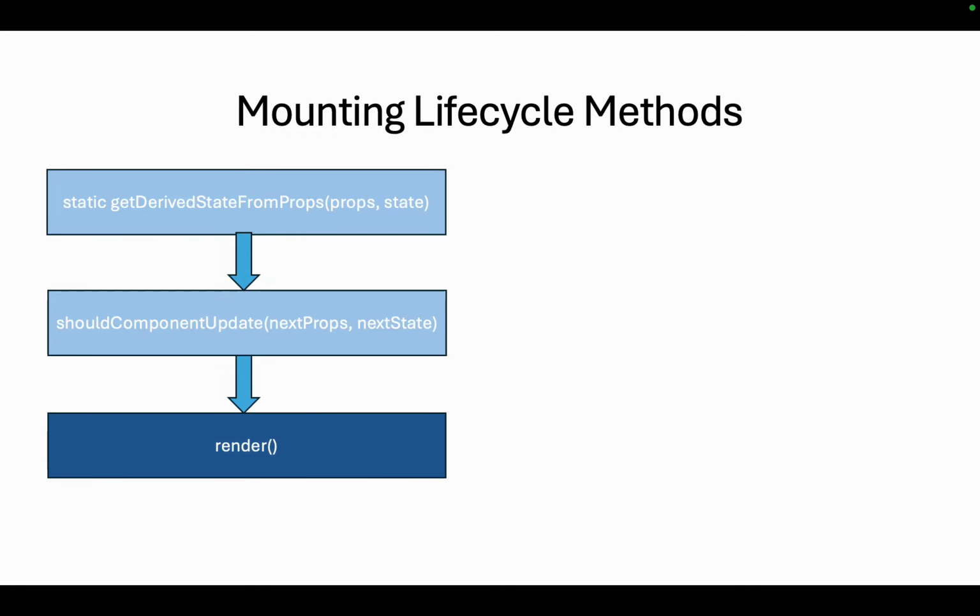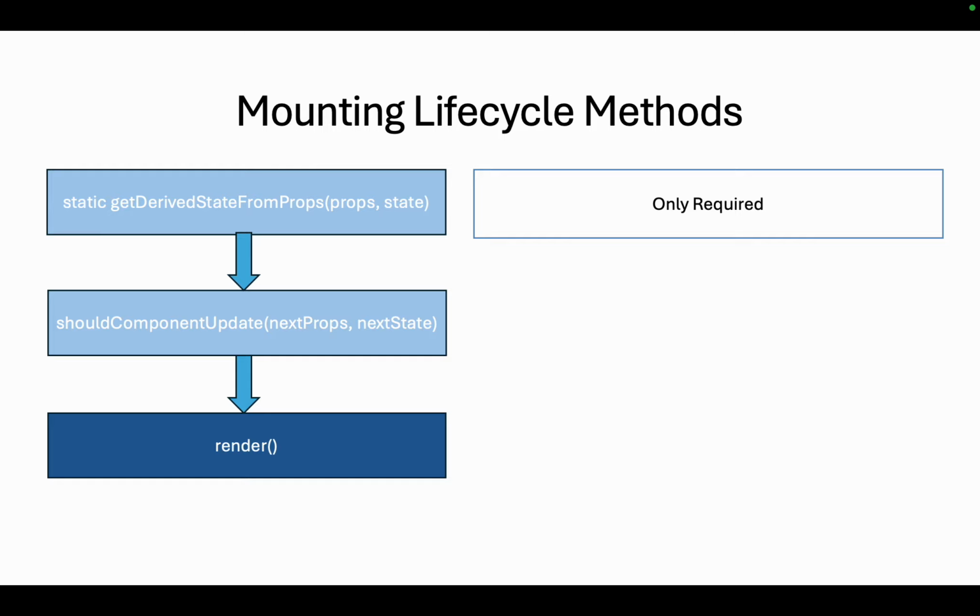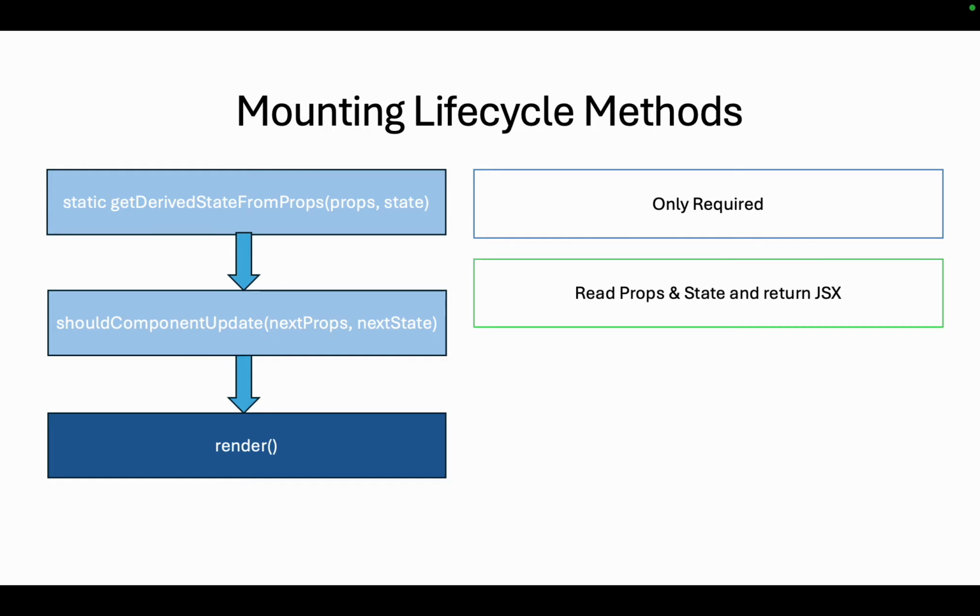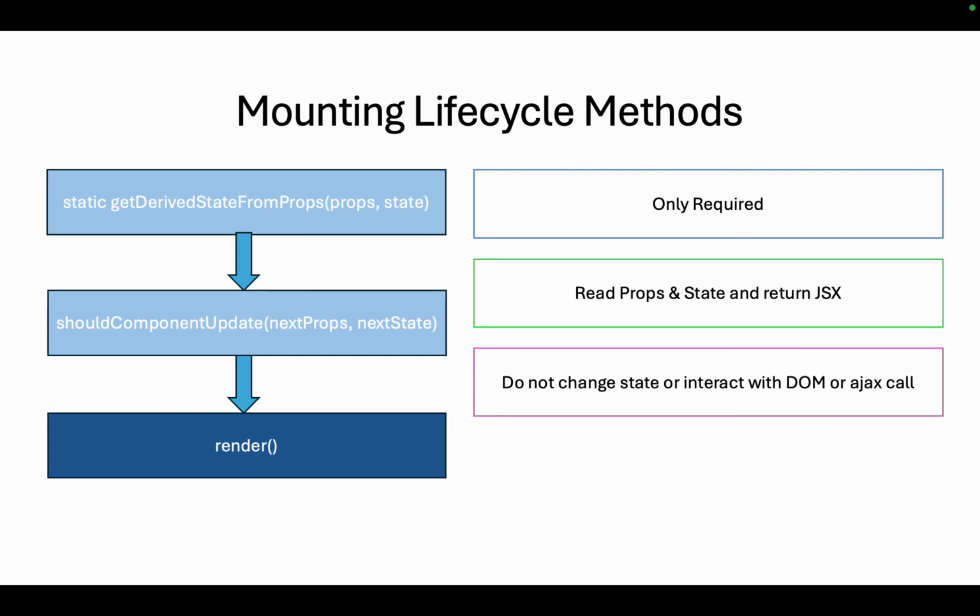Next, we have the render method, same as we discussed last time, the only required method in the class component. Read props and state, and you can destructure props and state in this method, and you can return JSX as a node that will go into your DOM or frontend. Do not change any state directly within this method.